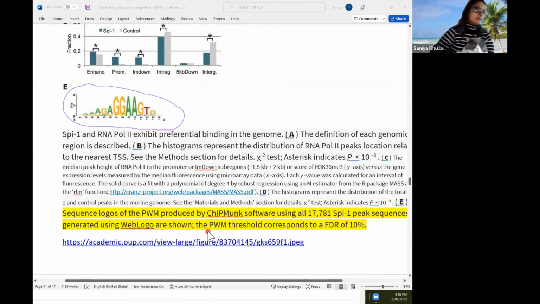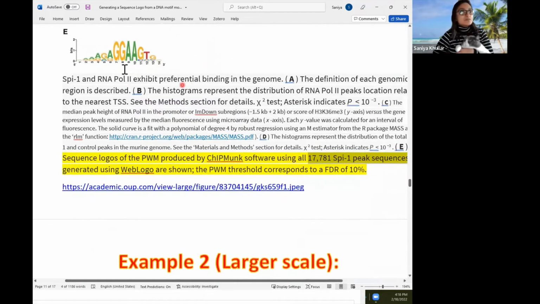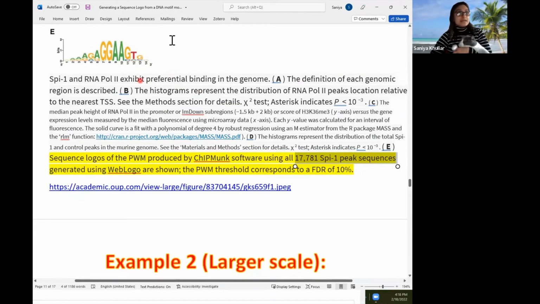And what we see here is they're saying sequence logos of the probability weighted matrix produced by this ChIPMunk software using all 17,781 SPI1 peak sequences. They generated the sequence motif here for SPI1. They used 17,781 peak sequences. And then they generated this WebLogo.